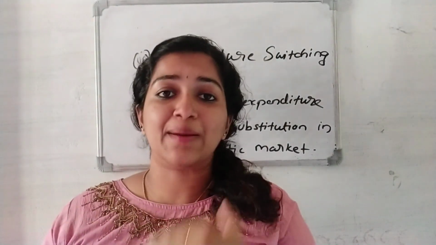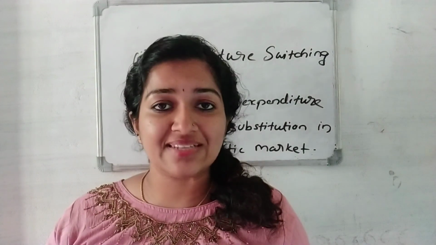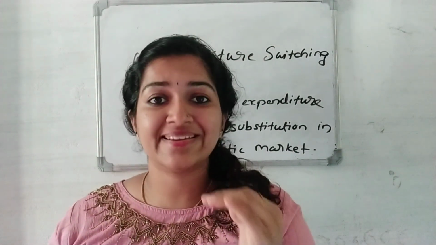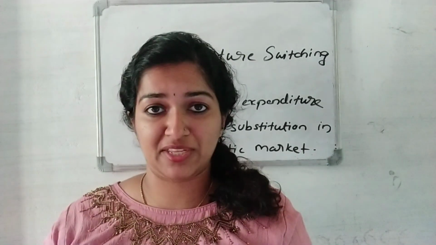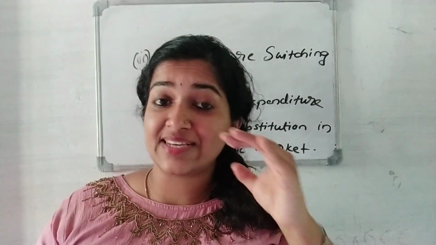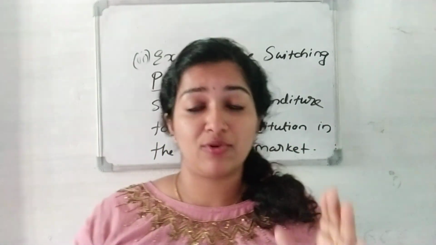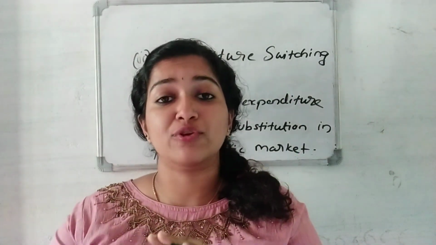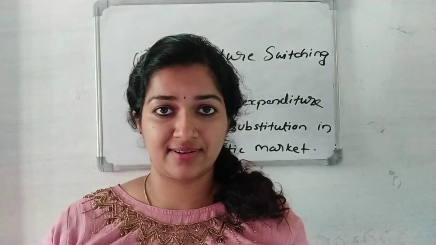The absorption approach, on the other hand, mentions that devaluation works completely only when there is a reduction in domestic expenditure. That means there should be contractionary fiscal or monetary policies. Then only can devaluation be useful in correcting the balance of trade.